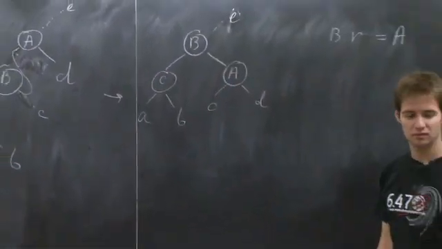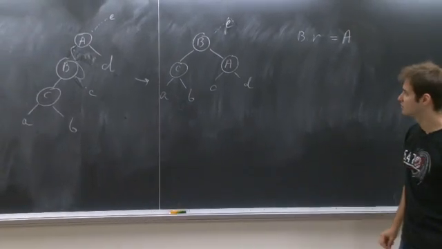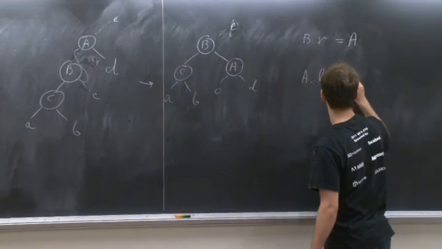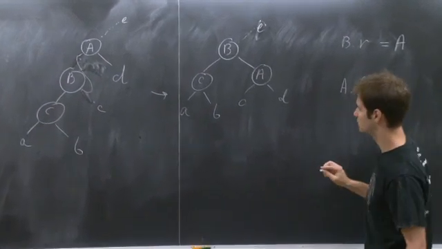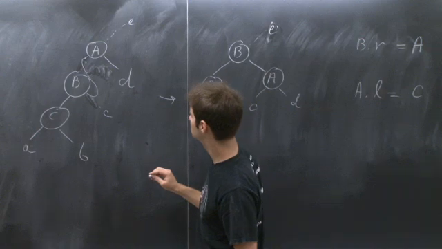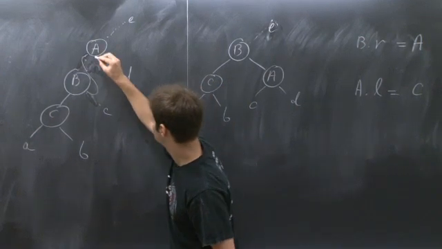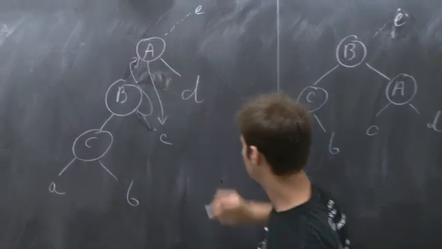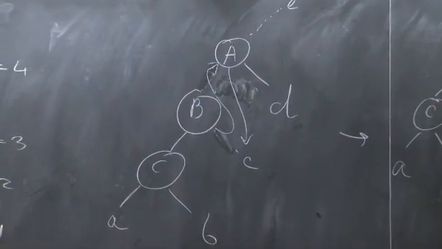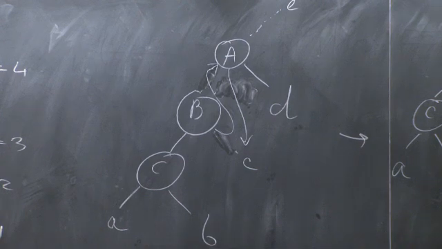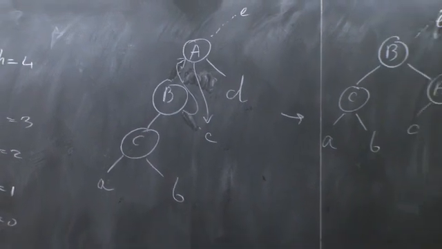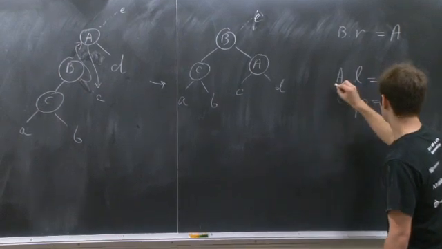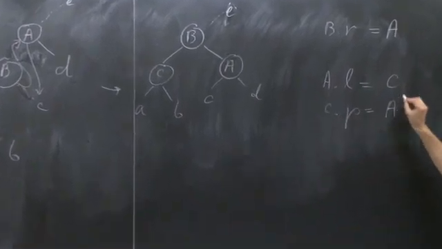And A's left child is C. A's left child is C. Okay. And C's parent is A. C's parent is A. Okay, very good. So I changed the child, then I changed the parent so that they would match up.